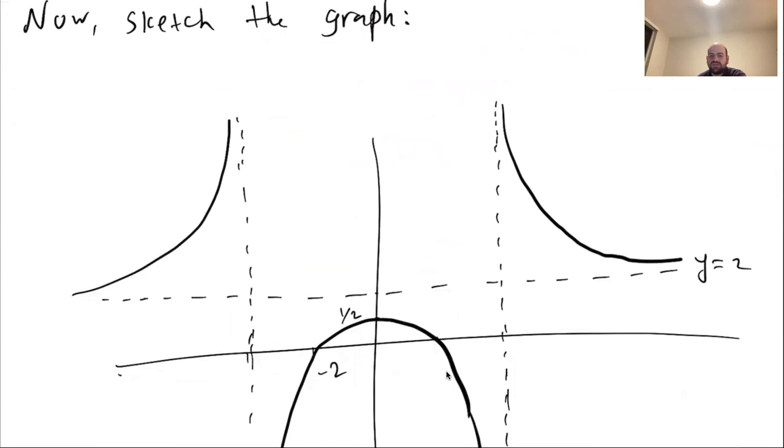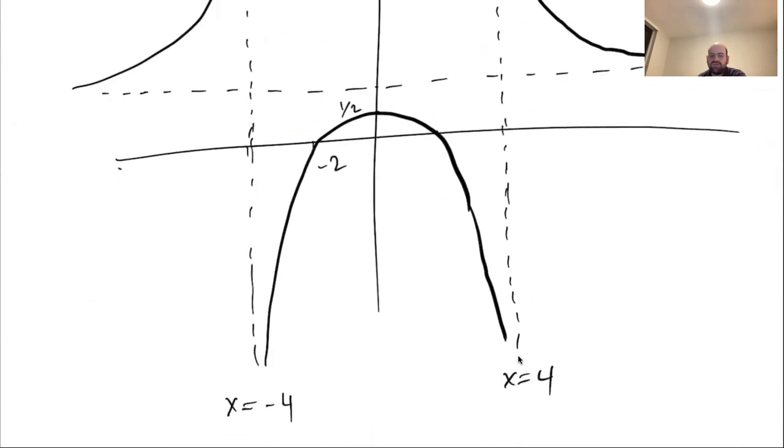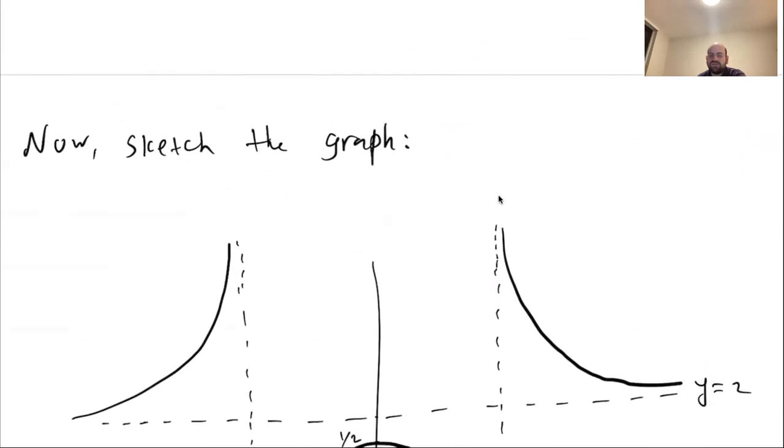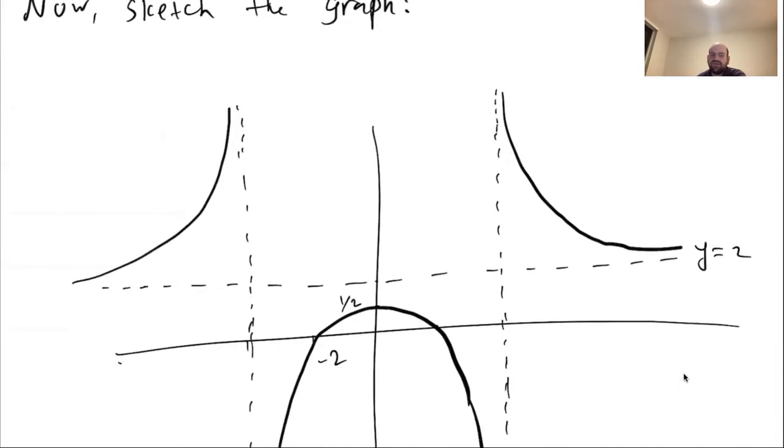Then the function starts to decrease all the way to -infinity right before 4. Right after 4, it starts from infinity and again decreases all the way to y equals 2, because y equals 2 again is a horizontal asymptote as x goes to infinity. So as x goes to infinity, you will be right above y equals 2. And that's it.